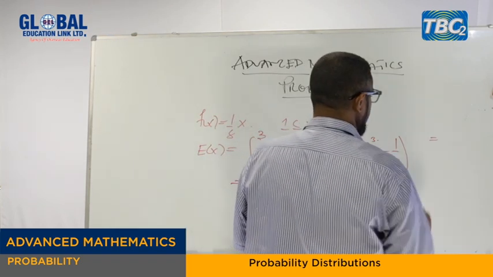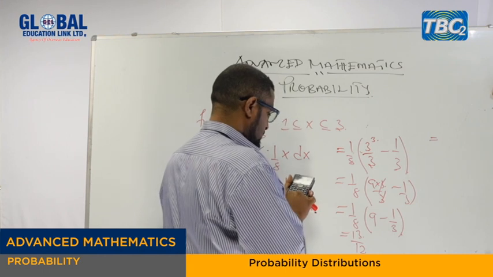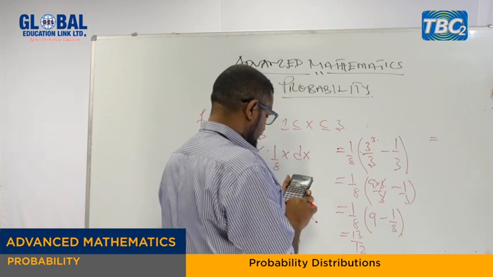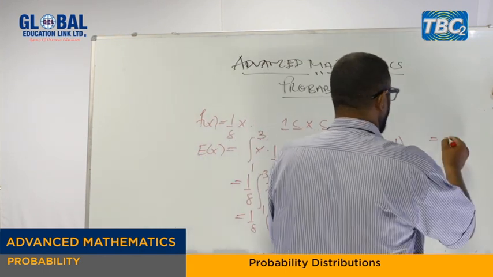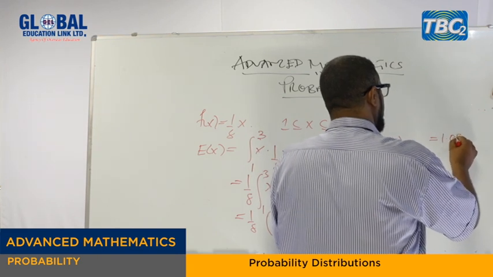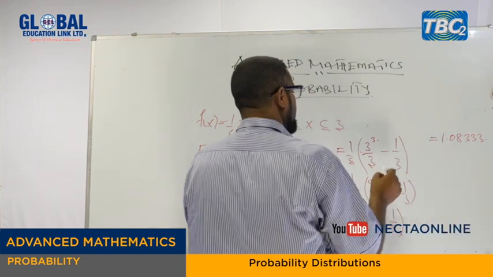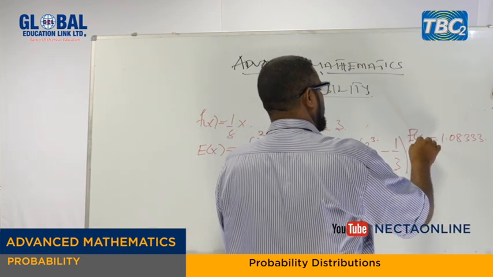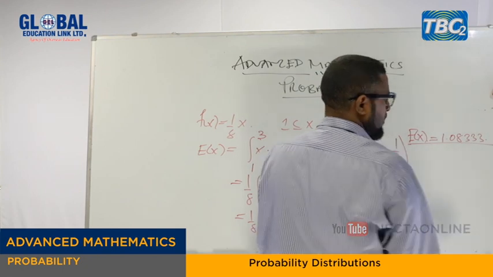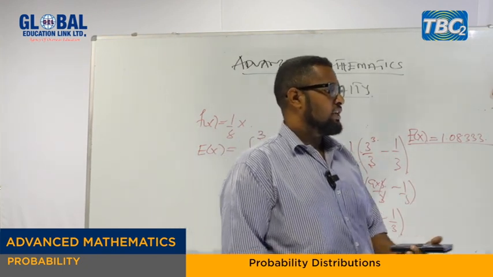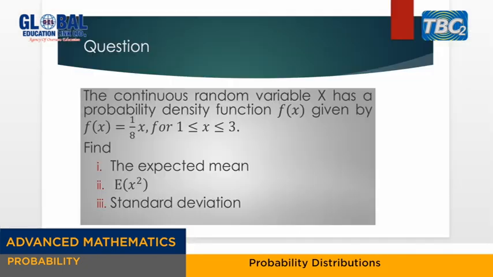If you leave your answer in decimal, 13 over 12 is the same as 1.08333.